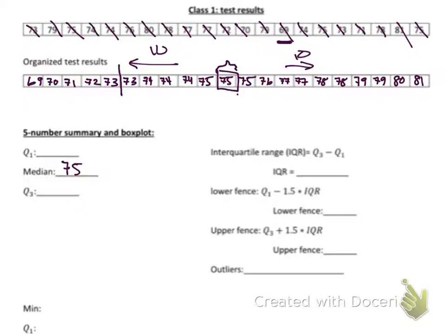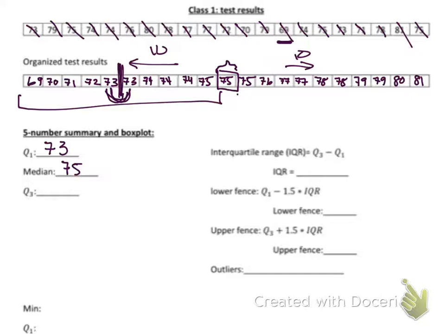Remember, we're excluding the median. We're just looking at the lower half of the values. And when we look at the lower half and the upper half of that lower part, we split them up right there. That's the middle point. And we look at these two to try to see what is between these two numbers. So we could add them and divide by 2. We could see that between them is just 73.